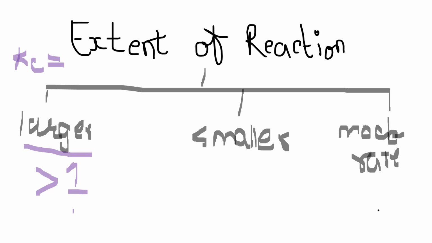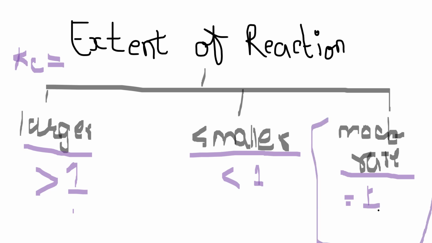So we took it as the larger extent. When we are talking about the smaller extent, that means the value should be less than 1. And when we are talking about the moderate state, that means the value should be equal to 1. This is a rare condition, but we do study it because some conditions also include these types of extents.